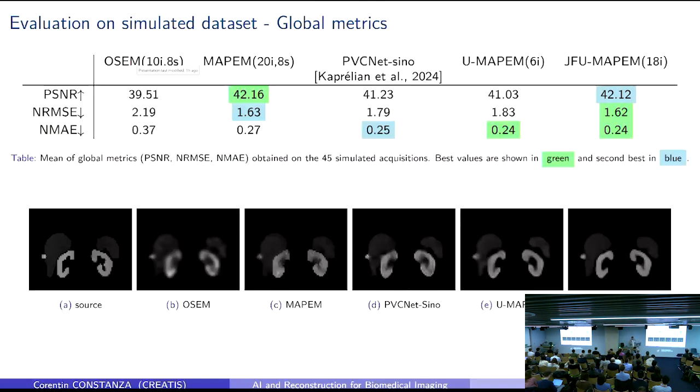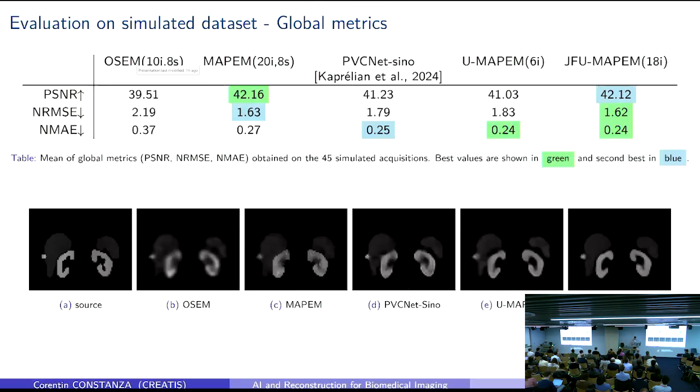For the metrics, we calculate several metrics such as PSNR, NRMSE, or NMAE. And you can see that Jacobian-free unrolling is basically the best one, in green is the best result, in blue is the second best. But those metrics don't have any meaning in clinics, especially if we want to do quantitative analysis such as voxel-based dosimetry.